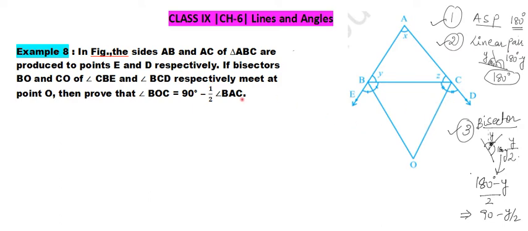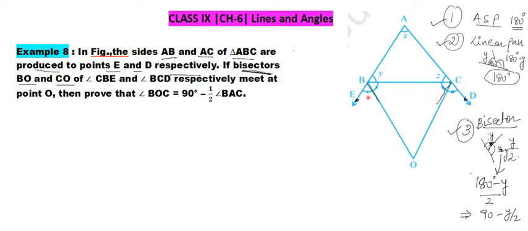So let's see now what is given to us and what we have to prove. It says that the sides AB and AC of triangle ABC are produced to point E and D respectively. These two lines have been produced to point E and point D. If bisectors, which we already know divide an angle into two equal parts, BO and CO, these are the two bisecting lines.